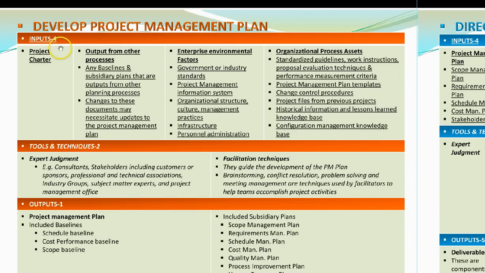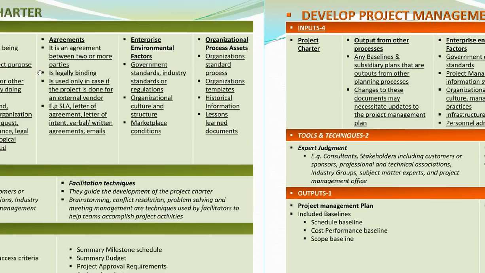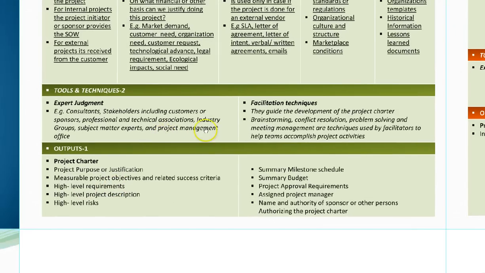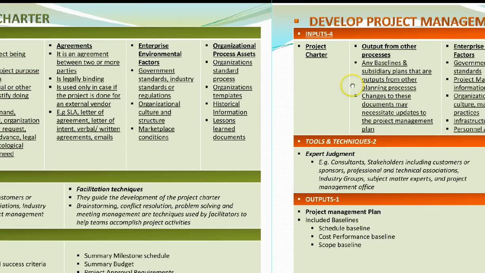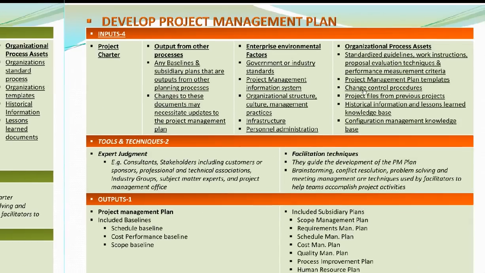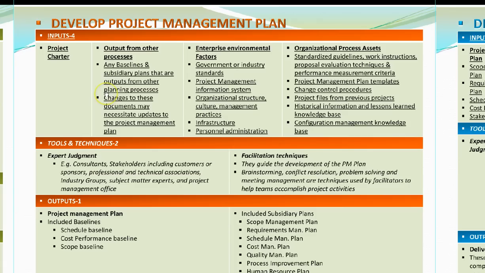We have a total of 4 inputs, 2 tools and techniques, and 1 output. Inputs to develop the project management plan are the project charter, which we got from right here, from the initiating group, which is the first process in project integration management.